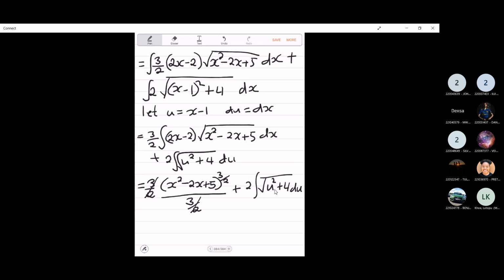So we will say u is equal to a. Our a is 2. So we have 2 tan theta. Then du is equal to 2 sec squared theta d theta. And then we proceed the way we have been doing so far.